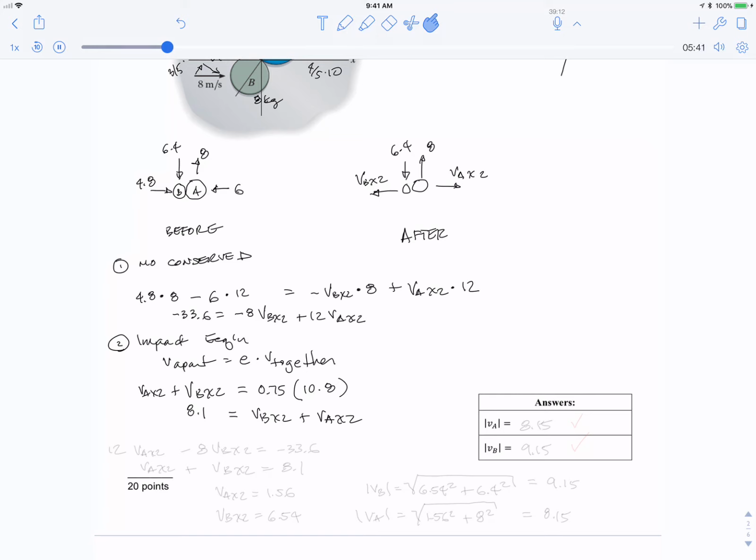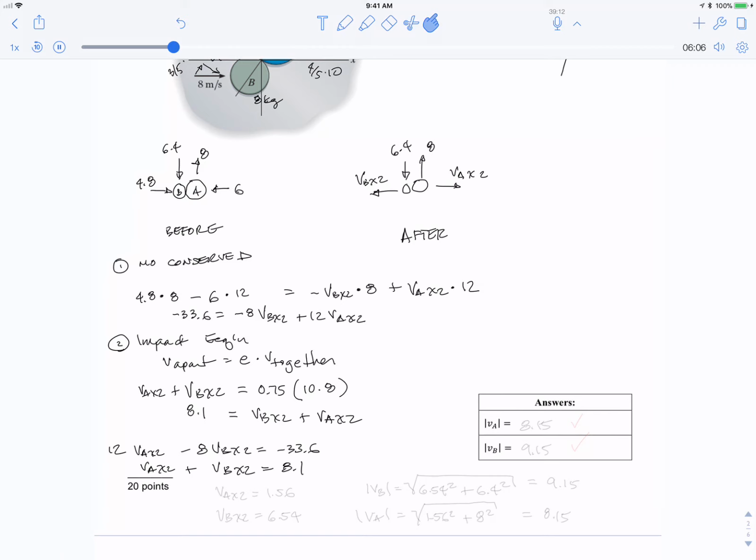We have 12 VAX2 minus 8 VBX2 equals minus 33.6, and we have VAX2 plus VBX2 equals 8.1.